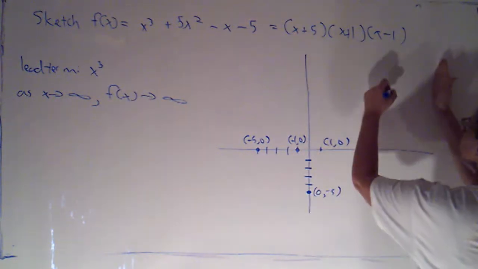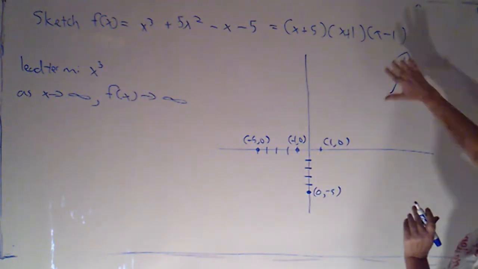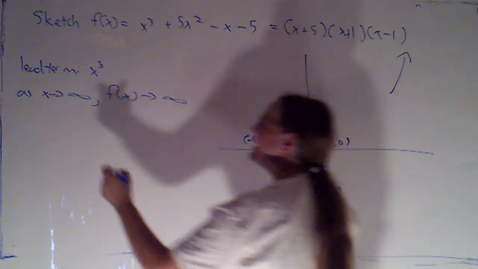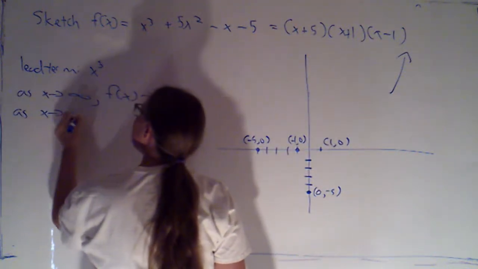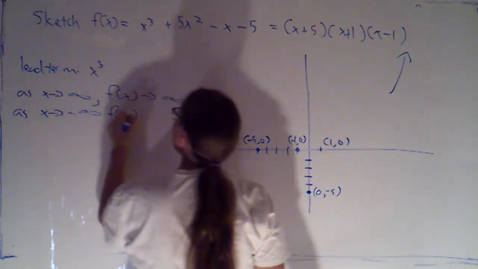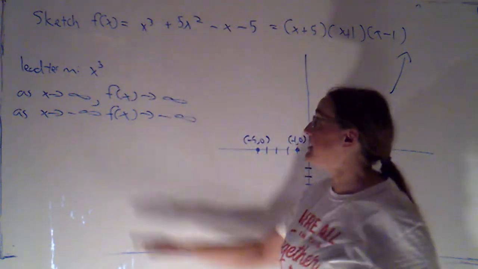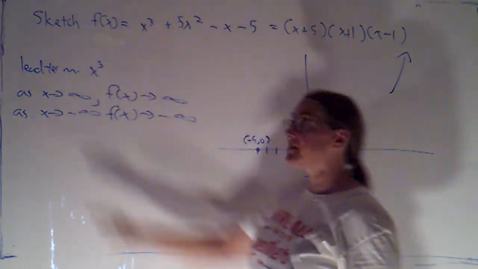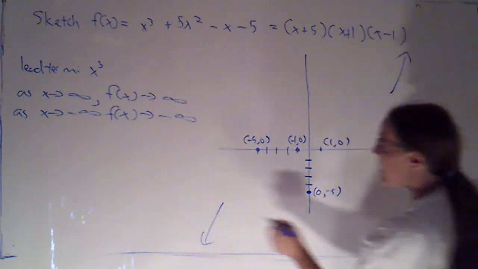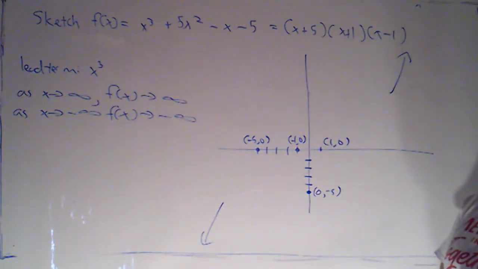So when I'm ready to graph, I know we're going to end up going off to infinity somewhere over there. And as x goes to -infinity, f of x is going to go to -infinity, because it's going to do the same thing that x cubed does. So my graph is going to end up down here.